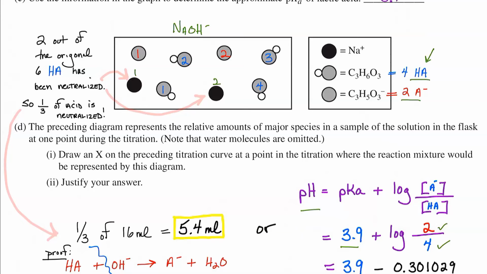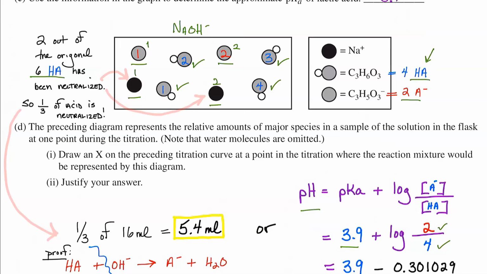That's why there are 1 and 2 conjugate bases there. They were made by the stoichiometric relationship of 2 hydroxides. So that would mean that we started with 6 HA molecules, because there's 4 of these weak acids here, and 2 of them were driven by the hydroxide.